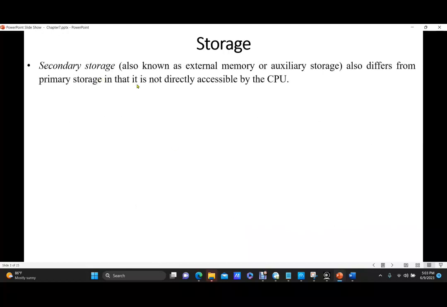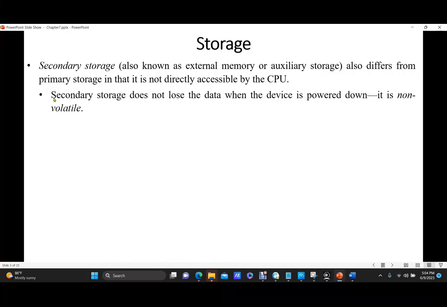Secondary storage, external memory, auxiliary storage, also differs from primary storage in that it is not directly accessible by the CPU. Secondary storage does not lose data when the device is powered down.